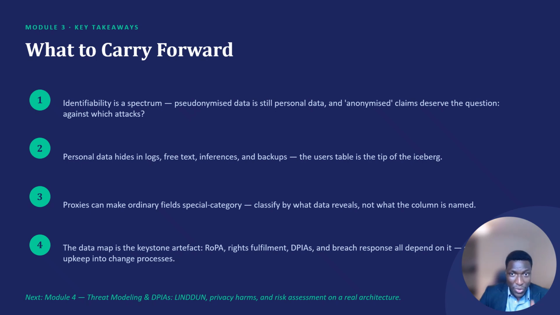It's important to classify by what the data reveals, not just by the column names. Number four, the data map is the keystone. Rights fulfillment, ROPA, DPIAs, breach response all stand on your data map. So its upkeep must be wired into your change processes.